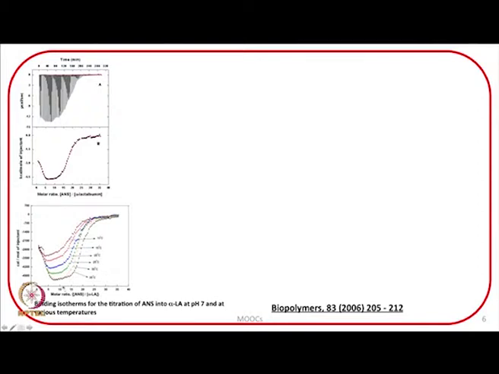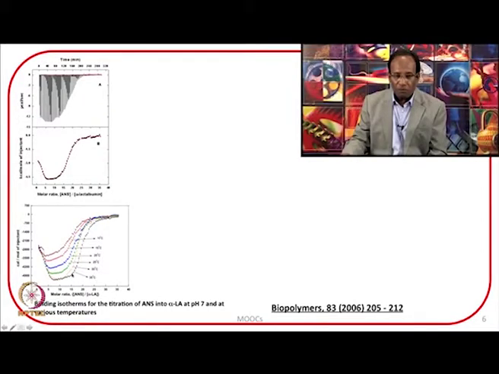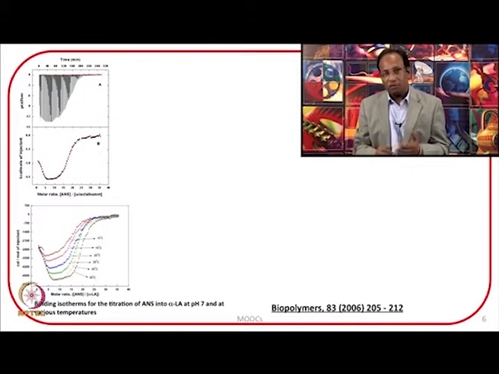That means a suitable analysis of these kind of isothermal titration calorimetric profiles will give you information on the change in heat capacity. And as I mentioned earlier, the change in heat capacity is a very important thermodynamic quantity which will help connecting thermodynamic parameters from one temperature to another temperature. And not only that, it will give you some more information about the conformational changes, which we will discuss a bit later.